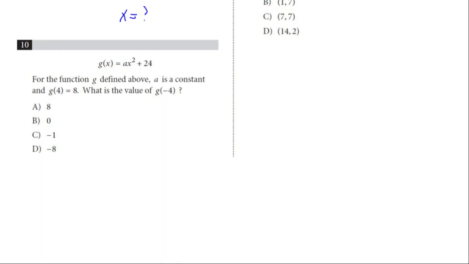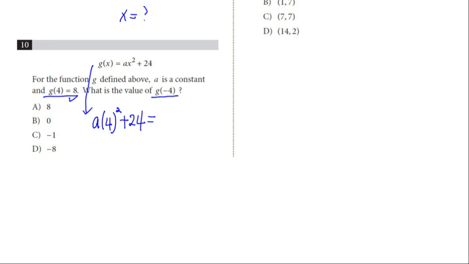Number 10. g of x is ax squared plus 24, and here g of 4 is 8. Now what is the g of negative 4? So from the information given here, g of 4, since g of x is ax squared plus 24, you can plug in 4, then you have a times 4 squared plus 24, right?